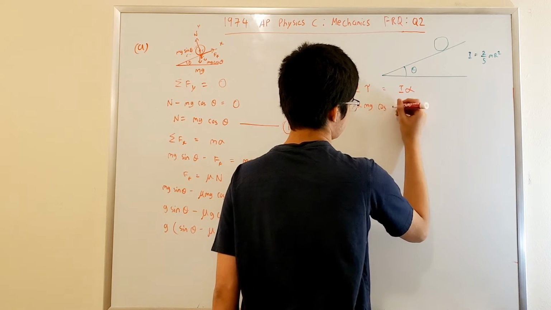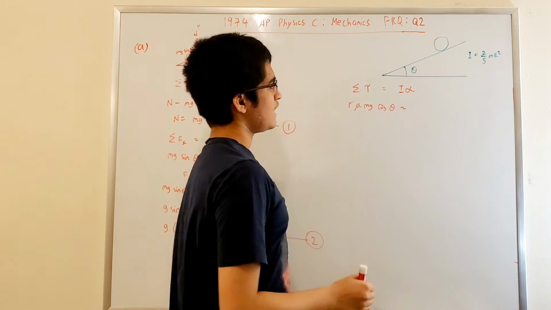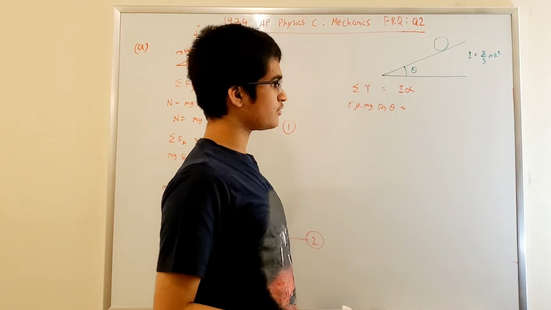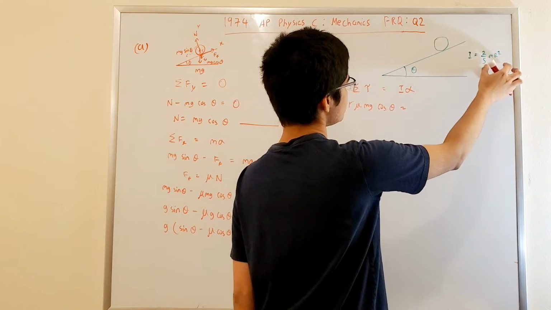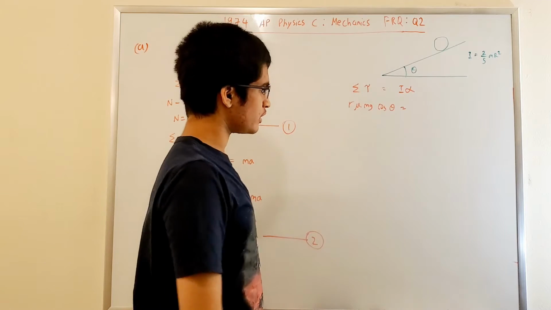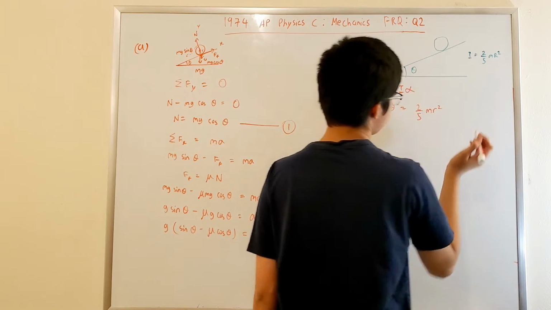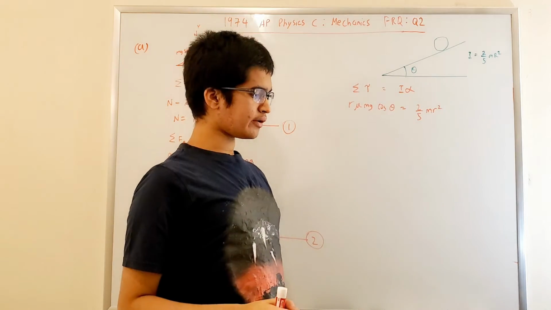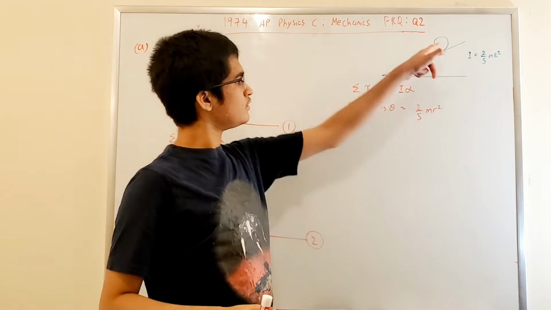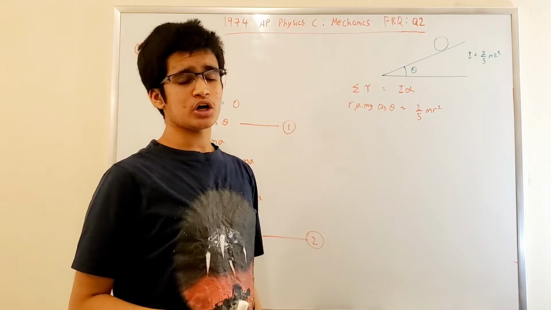And we know that the moment of inertia of a sphere is given by 2 over 5 mr squared. So we'll just write that here. We are also assuming that our sphere over here is not slipping.